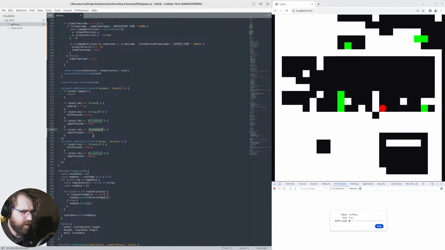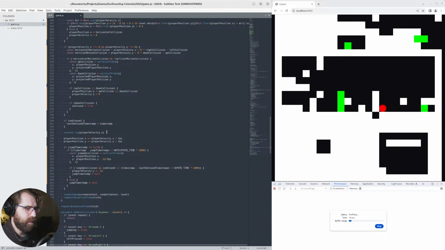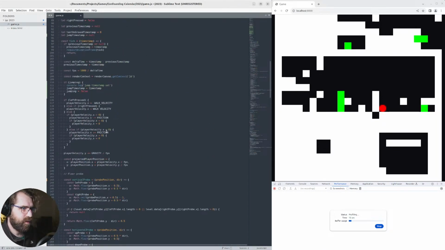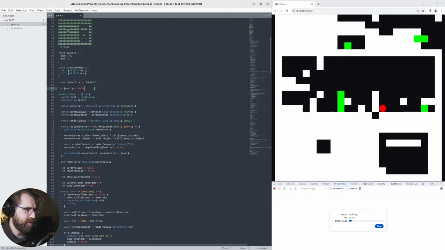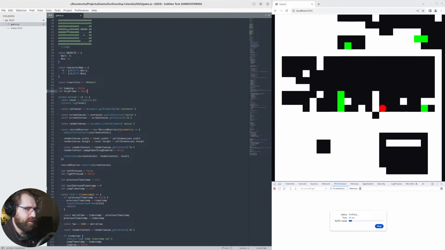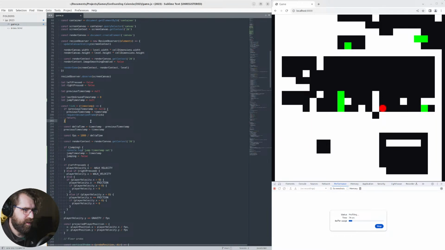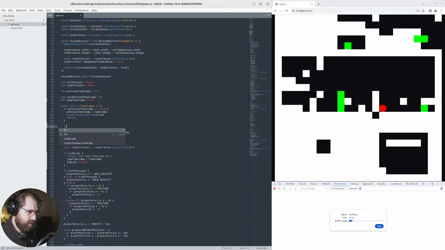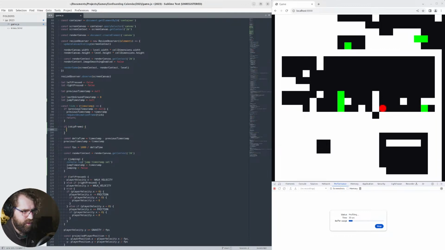So I think if I do B, sure. Skip frame, true. And we'll do this in the hacky way, we'll add a global. Skip frame, false. If skip frame is true, let's set skip frame to false.